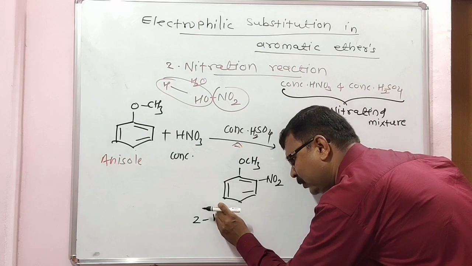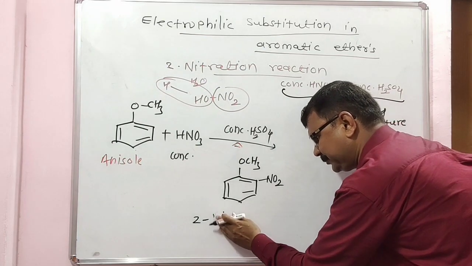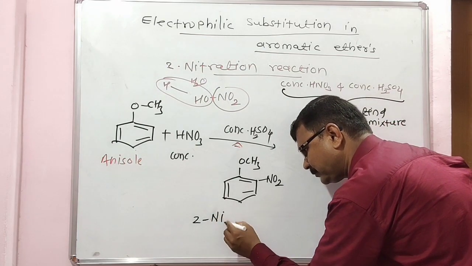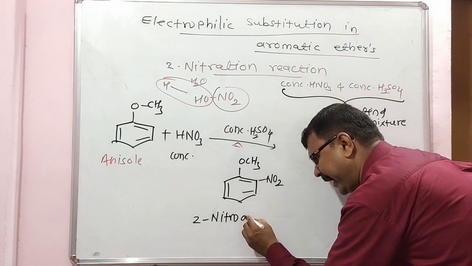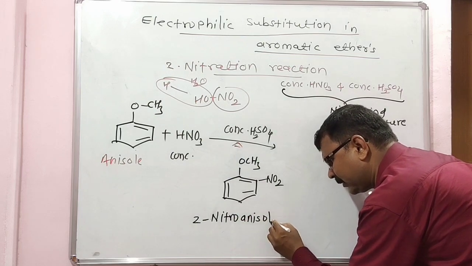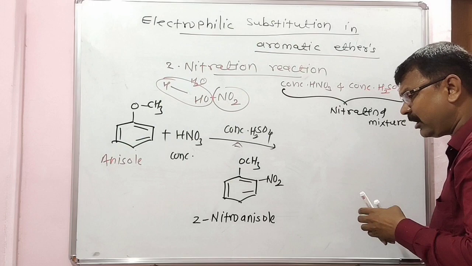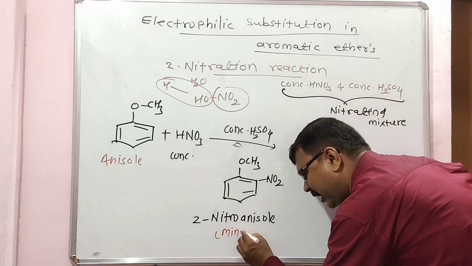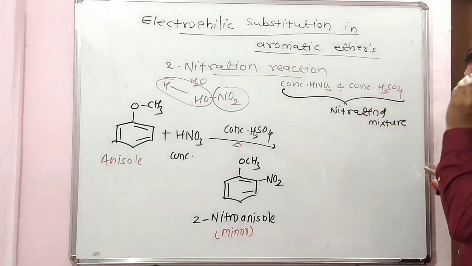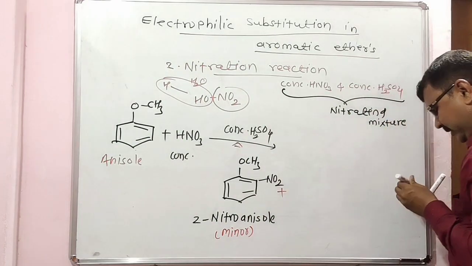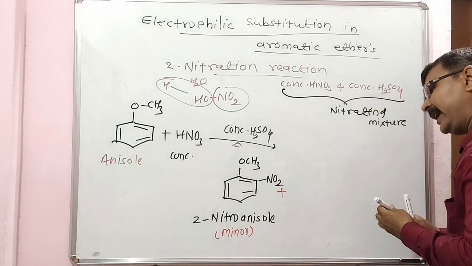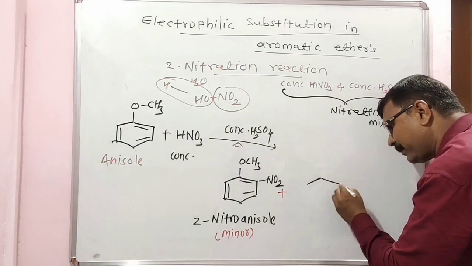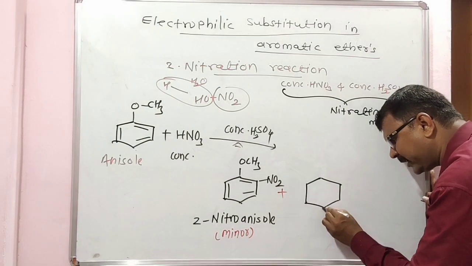2-nitroanisole. Okay, look here, major or minor here? This is the minor product, at the ortho position. Look here, next, the compound is para-nitroanisole, correct?